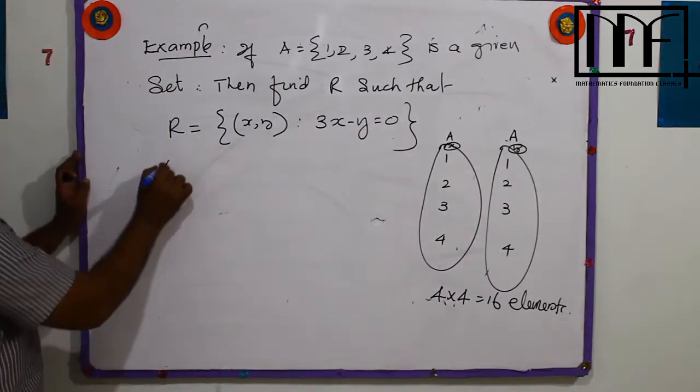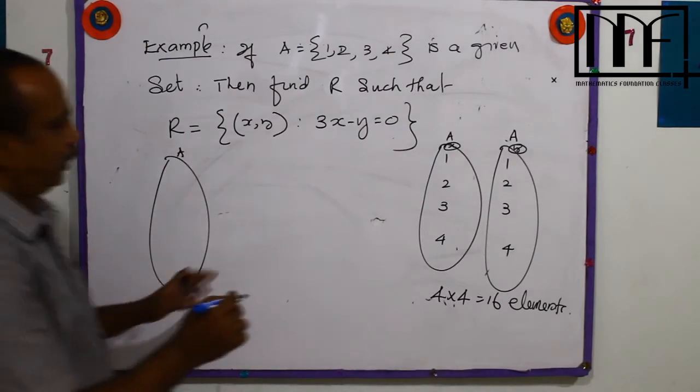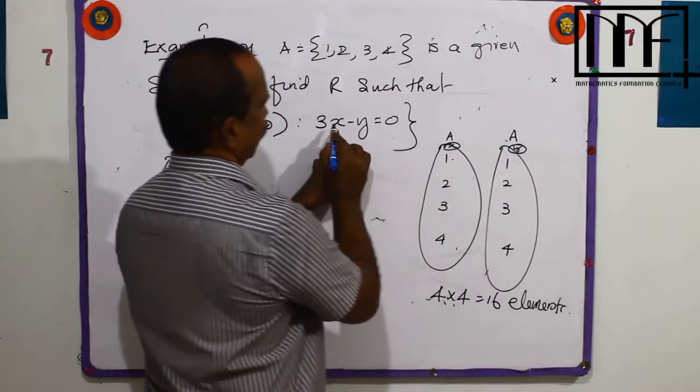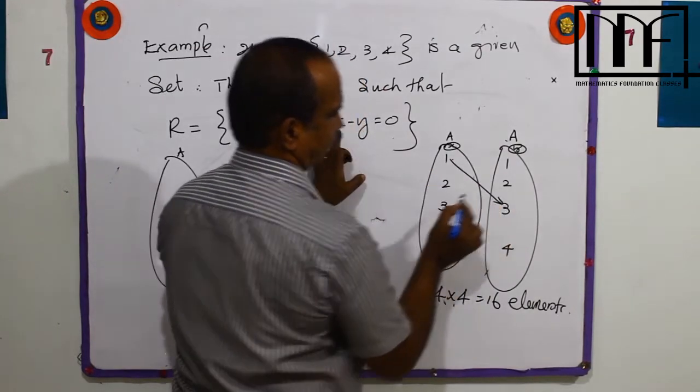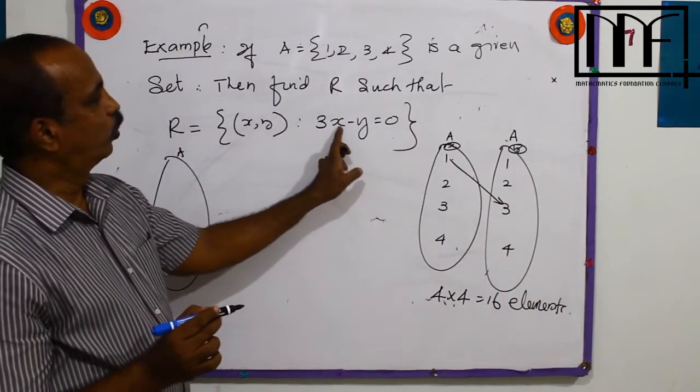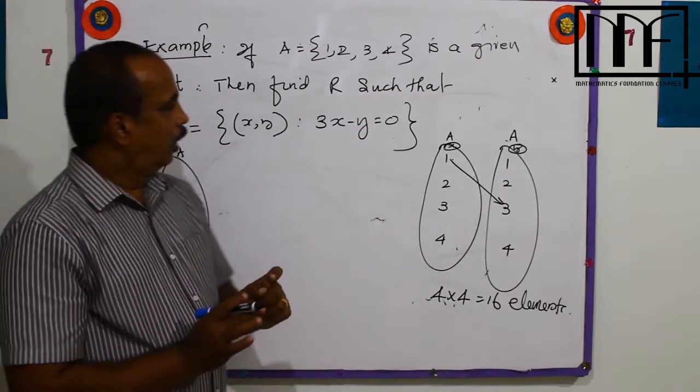Okay, so let us take the first one. A has 1, 2, 3 elements. If you take x is equal to 1, 3 into 1 is 3, so y must be 3. So that 3 into 1 minus 3 is equal to 0, which satisfies the equation.